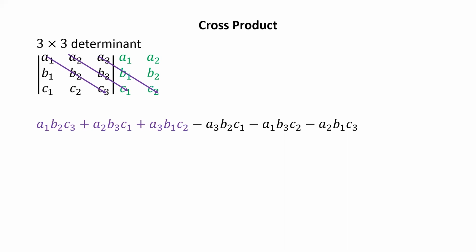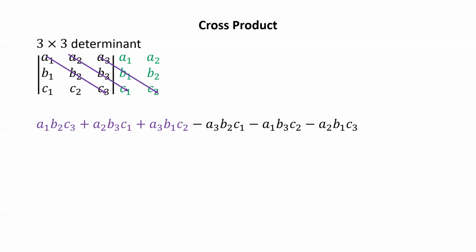We first start by going down each of the 3 diagonals from left to right. I've drawn those in purple. And as we do that, we multiply the numbers together. So we multiply A1 times B2 times C3. Then we multiply A2 times B3 times C1 and A3 times B1 times C2, and we add all those up.